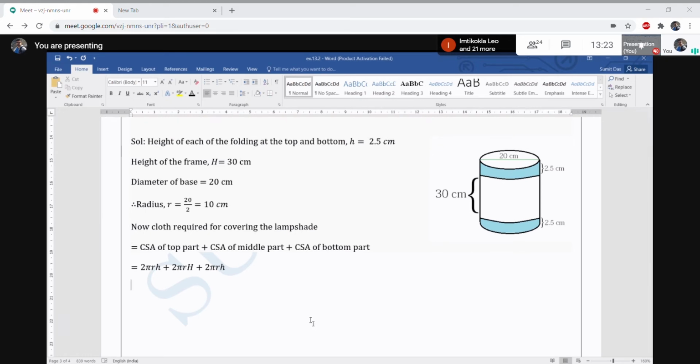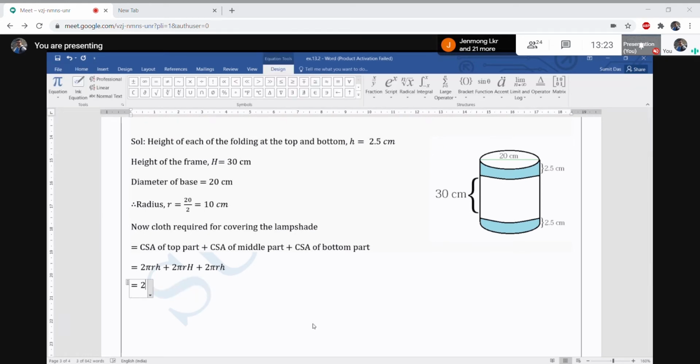Now we'll put the value. Before putting the value, we can take common 2 pi r from all these three. If I take common 2 pi r from all three, I will get 2 pi r into (h plus H plus h).